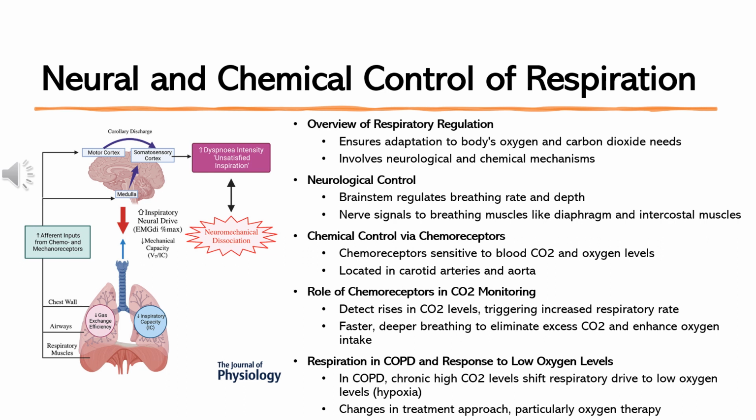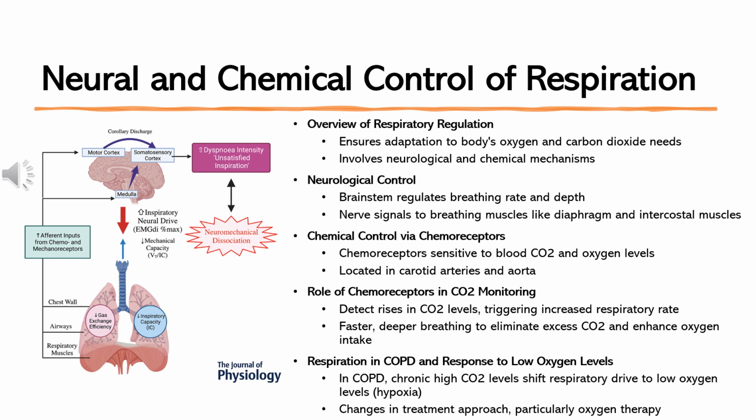When CO2 levels rise, which can happen during physical activity or even when holding your breath, these chemoreceptors detect the change and send signals to the brain's respiratory center. The brain then responds by increasing the respiratory rate. This means you breathe faster and deeper, helping to rid the body of excess CO2 and bring in more oxygen.